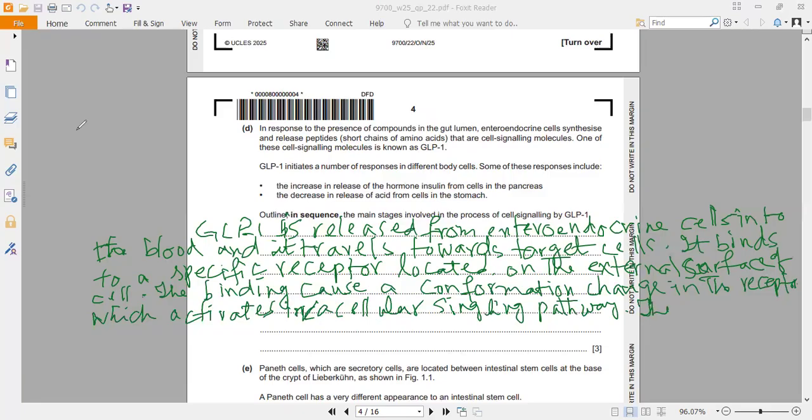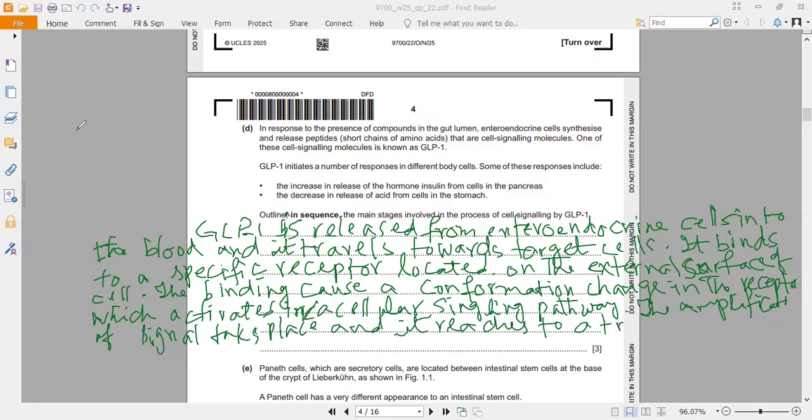The amplification of the signal takes place and it reaches the target protein.